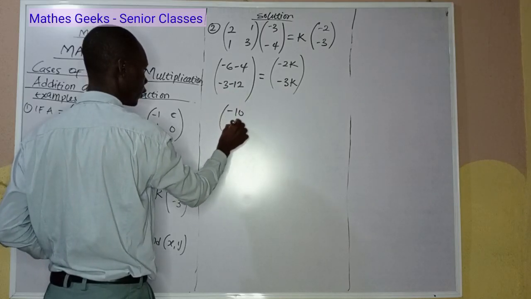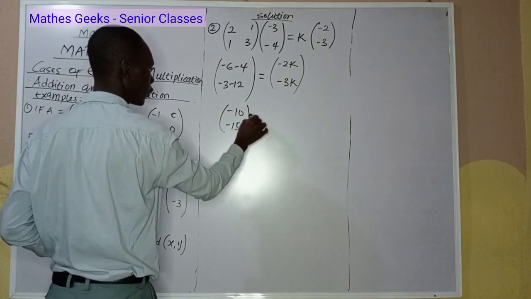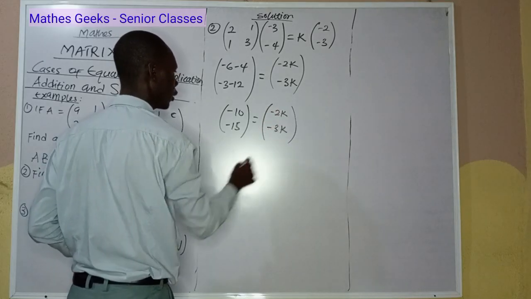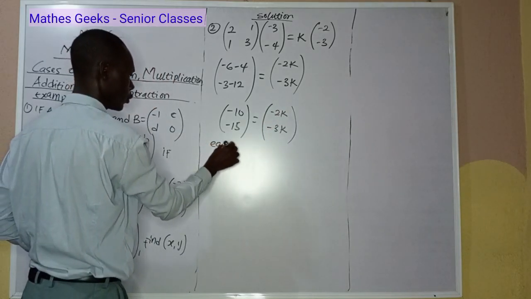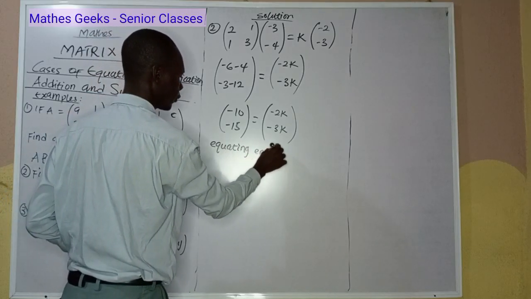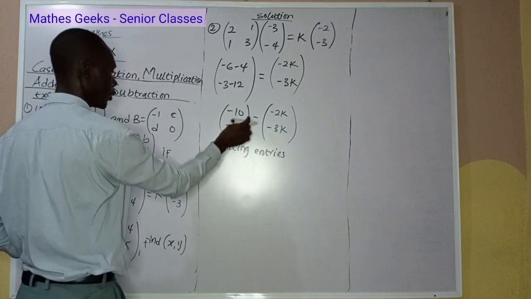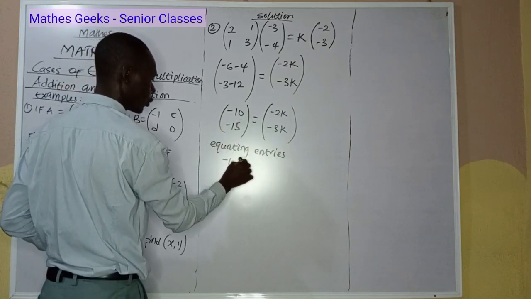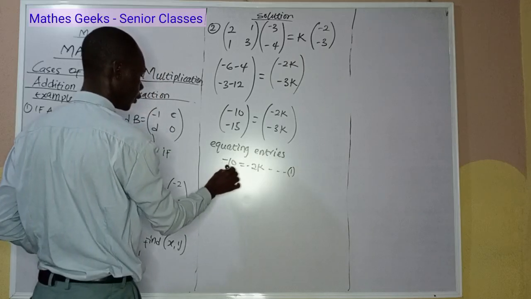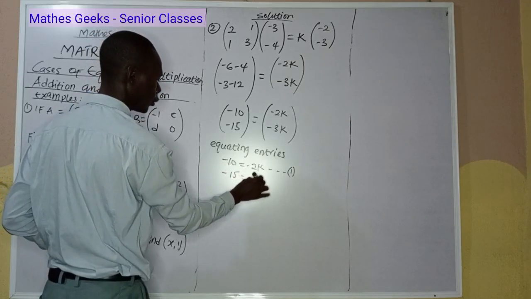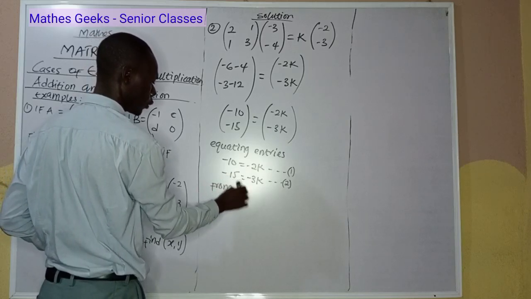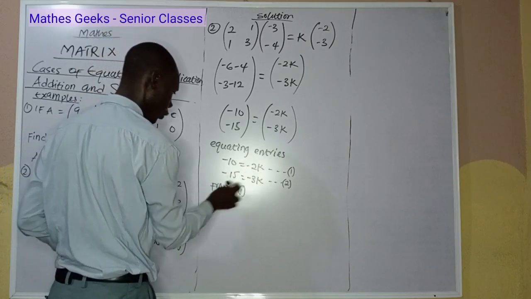Minus 3 minus 12 is minus 15, equals minus 2K, minus 3K. So equating entries, minus 10 is equal to minus 2K, equation 1. Minus 15 is equal to minus 3K, equation 2. Either equation 1 or equation 2 will give us the same answer.